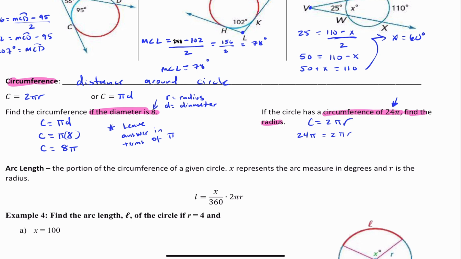We're finding the radius. Think about solving for x here. So r is going to be my little x that I need to solve for. So what do I need to do to get r by itself? Well, in this case, this is 2 pi r, or 2 times pi times r. So since this is multiplication, I can use my inverse operation here, where I divide both sides by 2 pi.